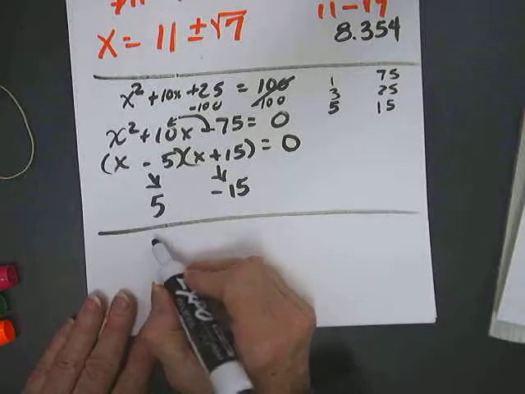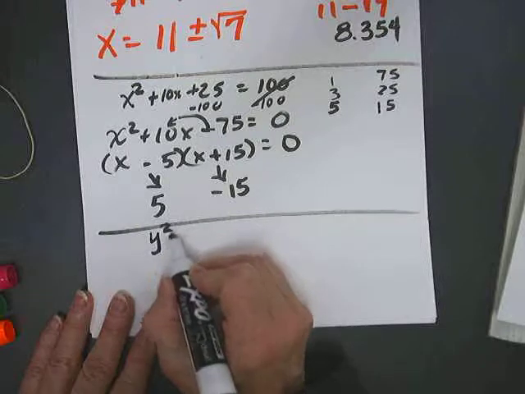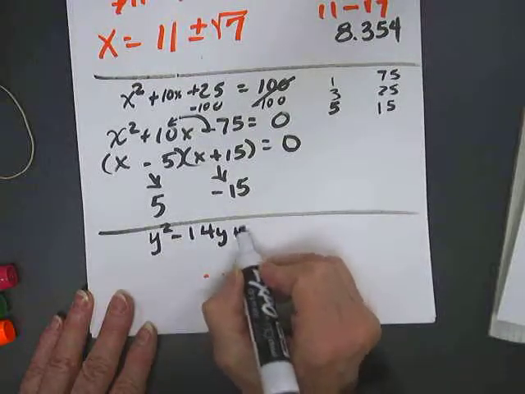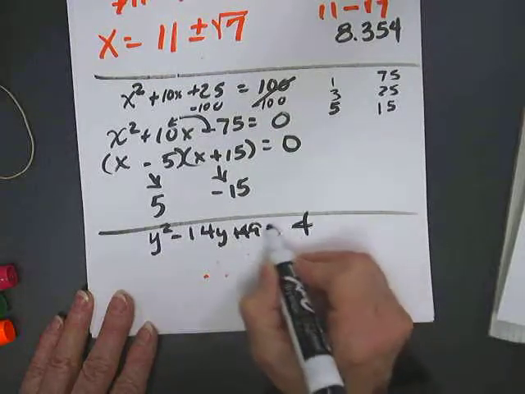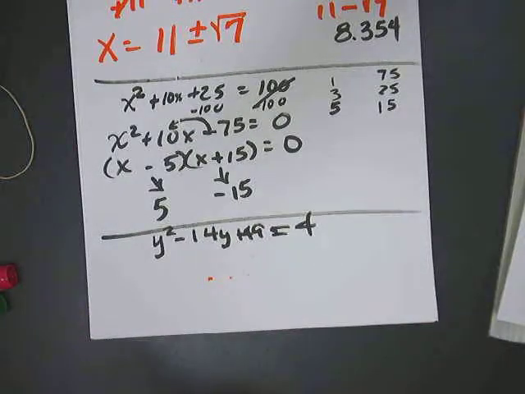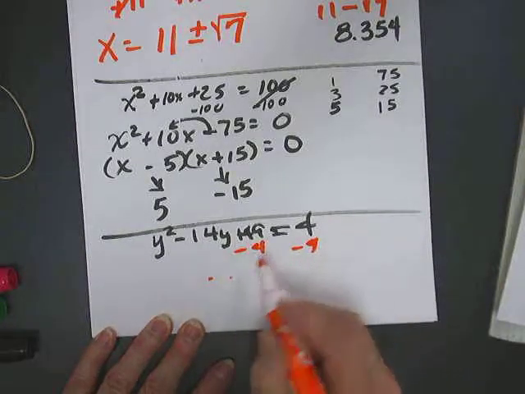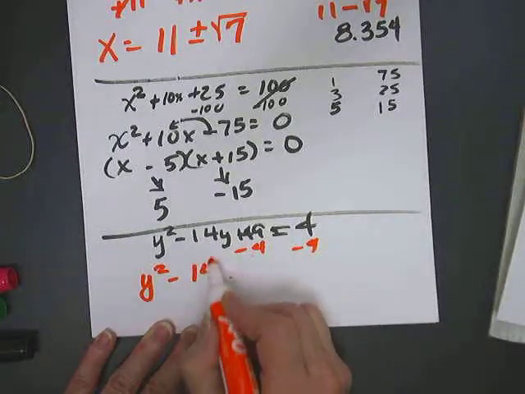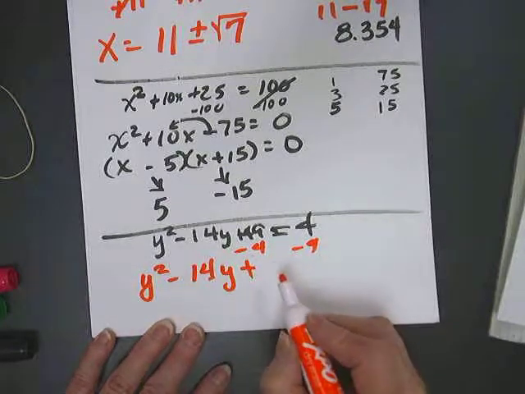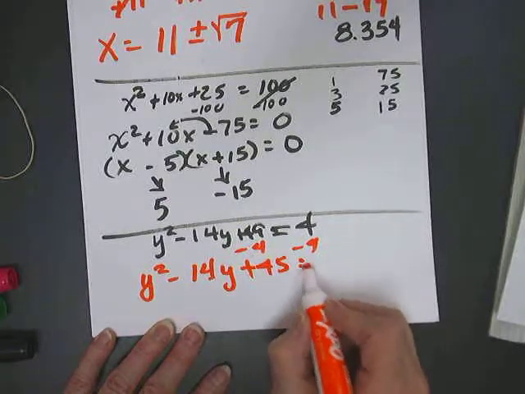Alrighty. One more where it factors, and then we're going to solve by completing the square. y squared minus 14y plus 49 equals 4. To solve that, what do we do?